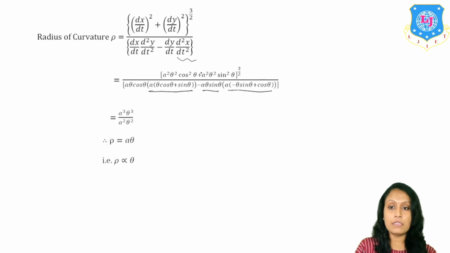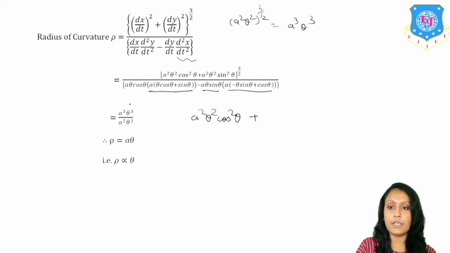Now in the numerator you can see that we can take out a square theta square common. So sin square plus cos square will become 1. So we have (a square theta square) whole raised to 3 by 2, so from this we will get a cube theta cube. Now let's expand this bracket. From here we will get a square theta square cos square theta.